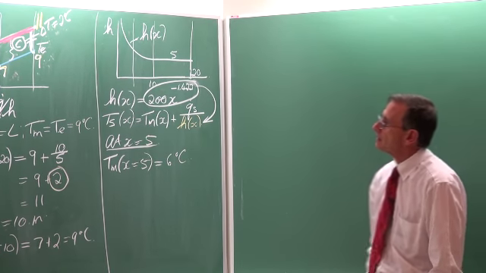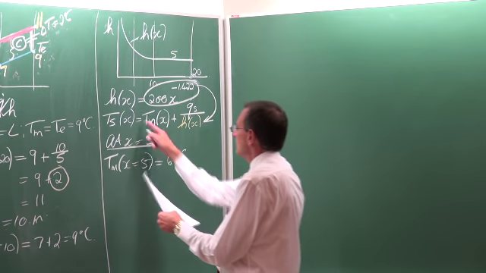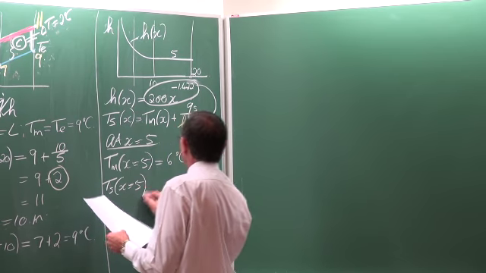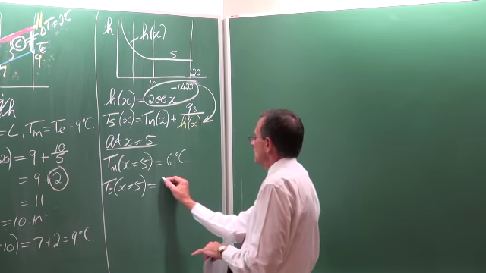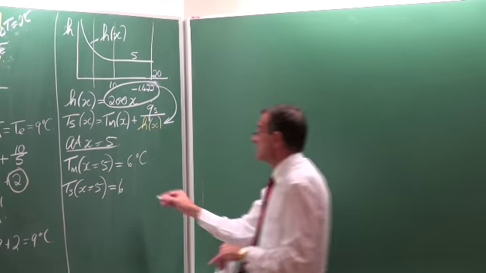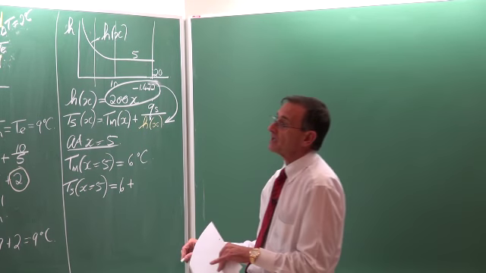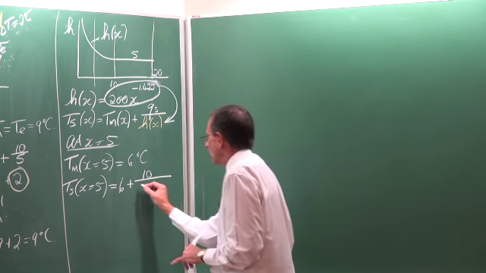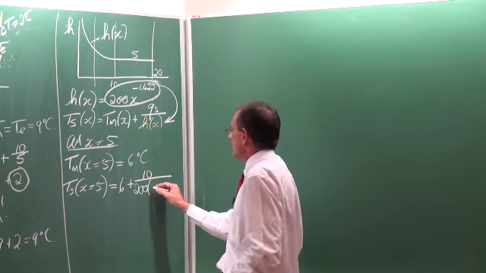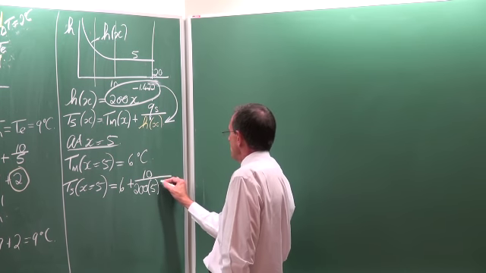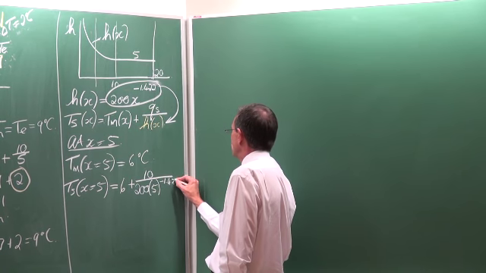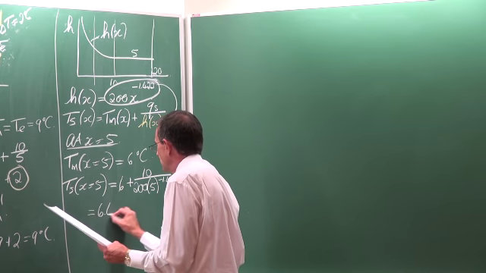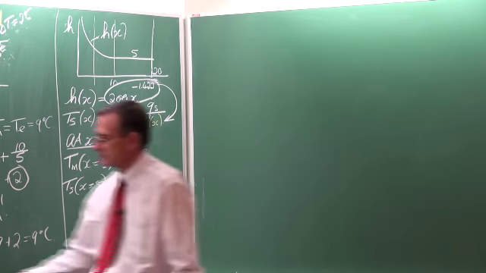Okay. And then we can solve the surface temperature at x equal 5, and that would be equal to the fluid temperature, which is 6, plus the heat flux, which is 2, divided by 200 times x, which is now equal to 5, to the minus 1.422. And if I didn't make a mistake, then the surface temperature should be equal to 6.49 degrees Celsius.